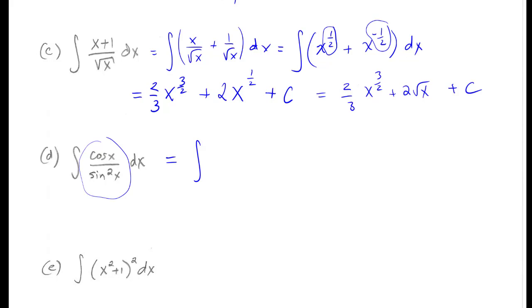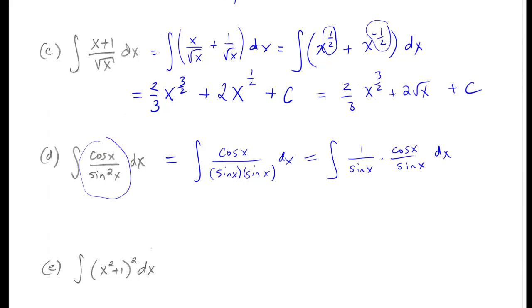So instead, I did cosine x over sine x times sine x. So that's what sine squared x is. And then I wrote it as, say, 1 over sine x times cosine x over sine x.